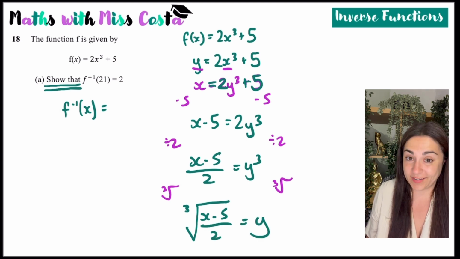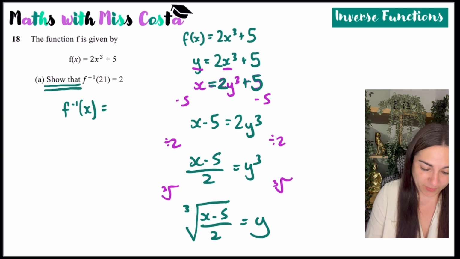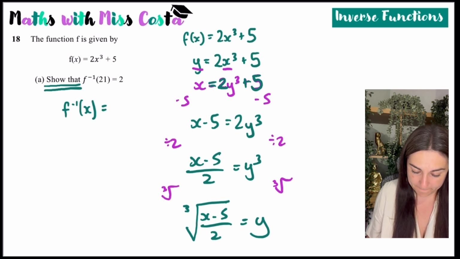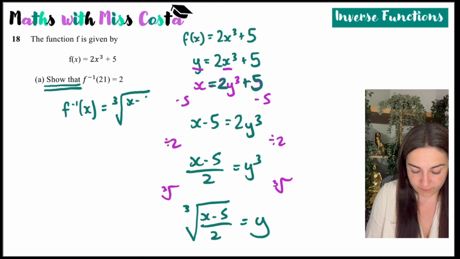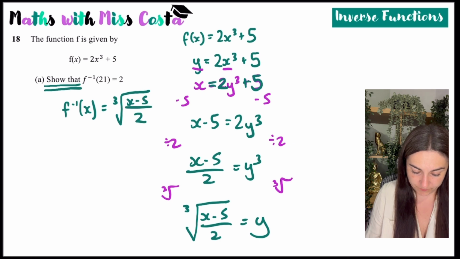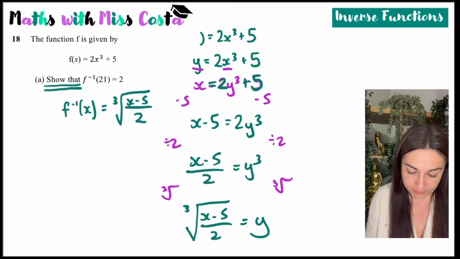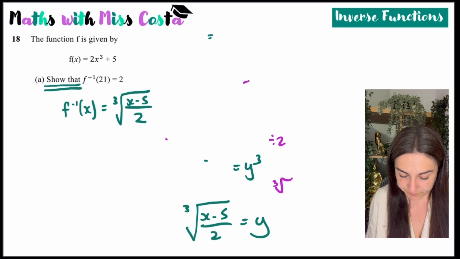So when you get to your final bit, we change it to f of minus 1 of x. So the inverse of x is going to be the cubed root of x minus 5 over 2. So I found the inverse of x.